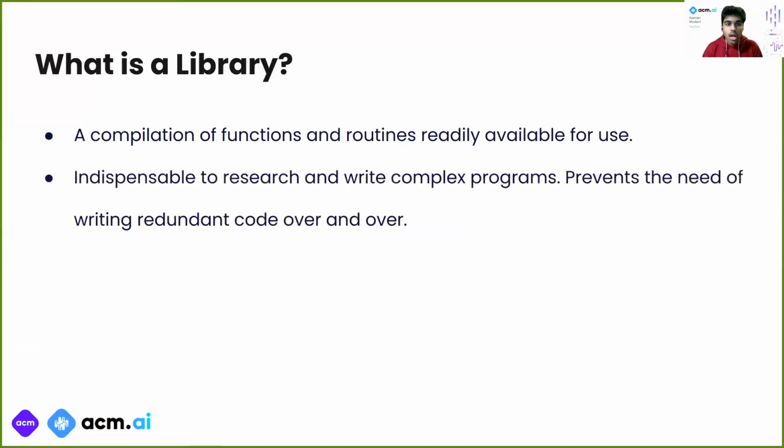So they're naturally, as you might see on the slide, indispensable to research and writing complex programs. The idea of a library is that instead of writing the same code over and over again, instead of writing the common functions that we use over and over again, since most of the functions are not inbuilt into Python, we just import libraries instead of reinventing the wheel over and over again.